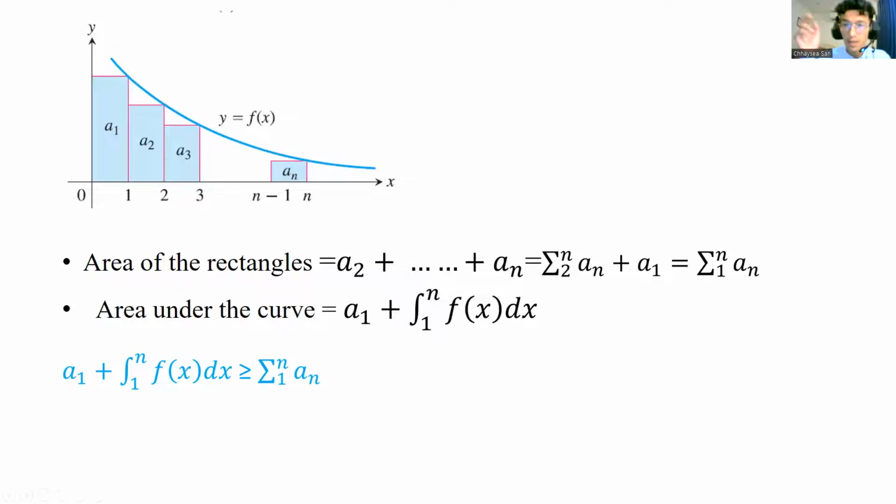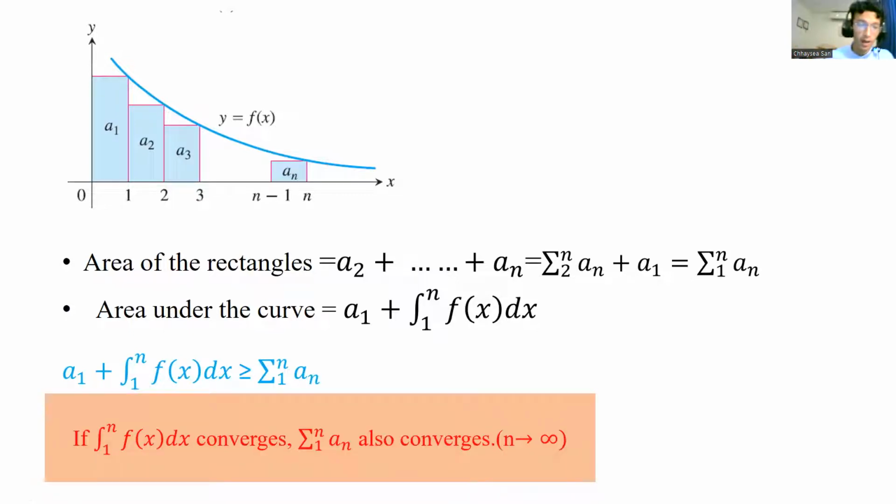So if the bigger thing is convergent, the smaller thing also follows the bigger thing. So if the integral from 1 to n of f(x) dx is convergent, the series is also convergent. And remember that n approaches infinity.